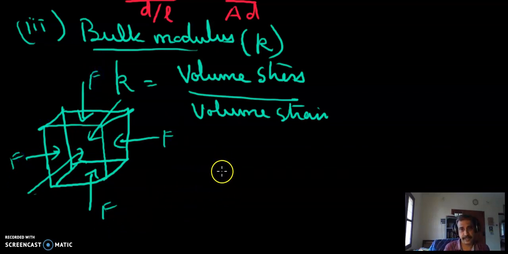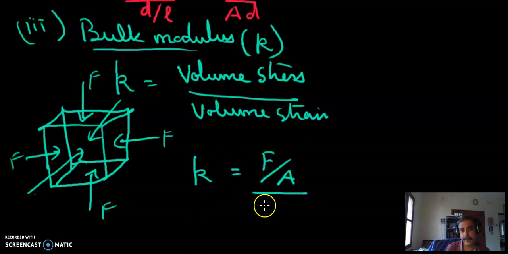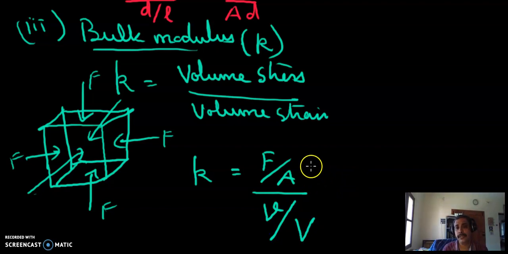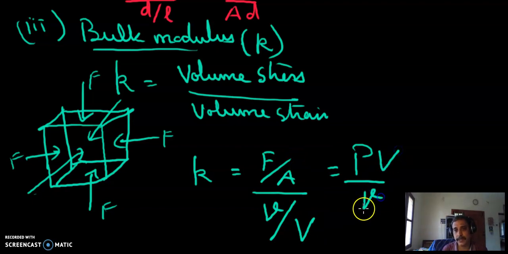Then the volume shrinks. So there is a change in the volume. Therefore, this type of modulus we call the bulk modulus, which is once again given by the formula F by A divided by change in volume by original volume. F by A can be written as pressure. If you take this V over here, then it is PV by small v. So this is the formula for bulk modulus.